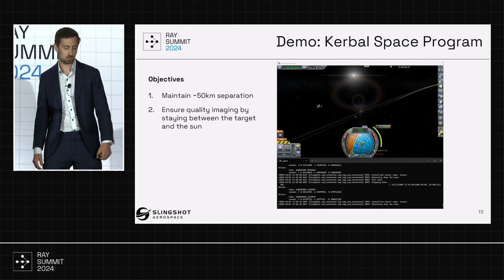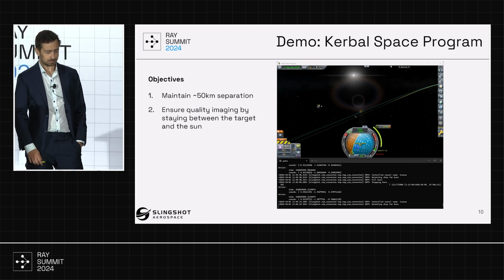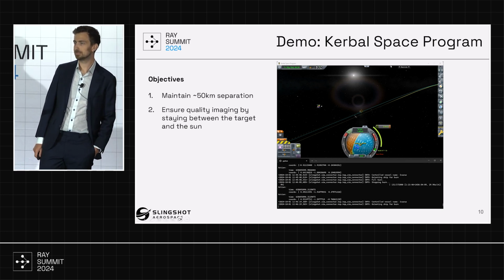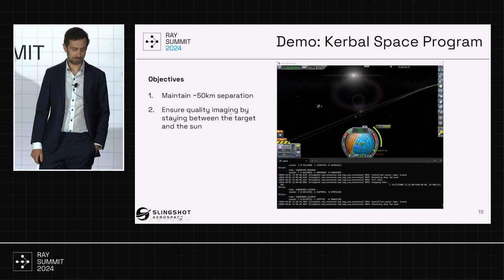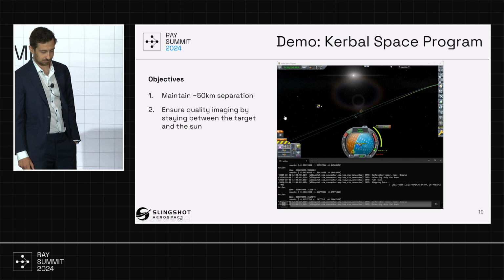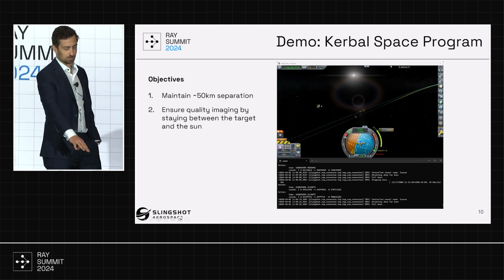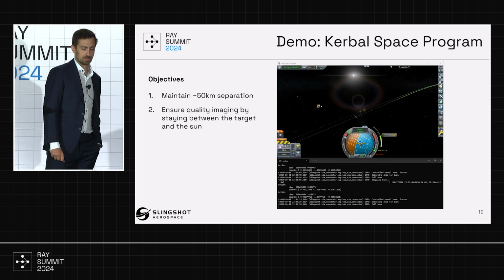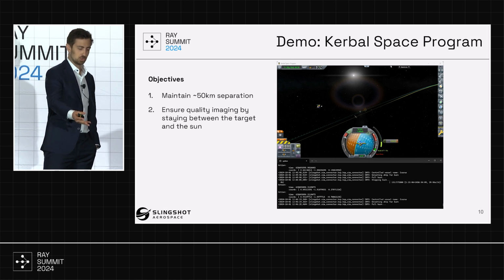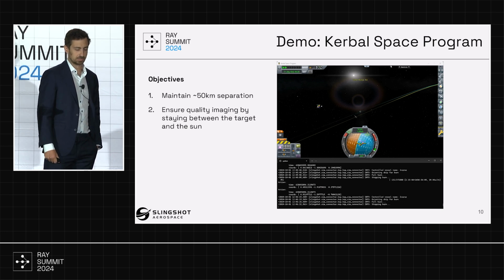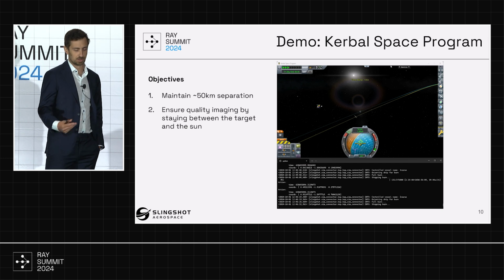I can show more offline. But if we can hit play, maybe. Let's see if it'll work. So this is showing on the bottom the actions that are being passed in and being shown in the UI, where you can see the spacecraft responding.